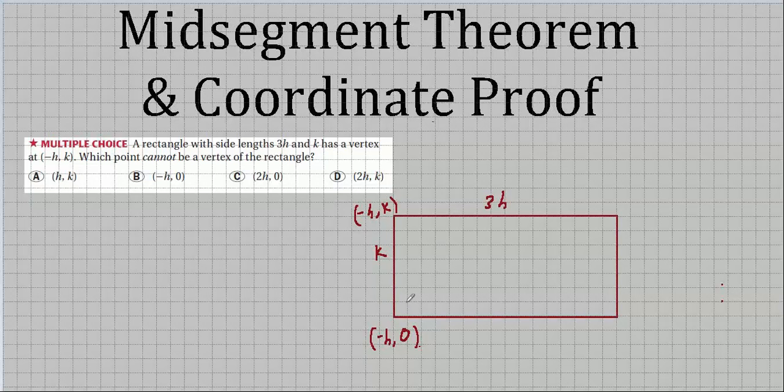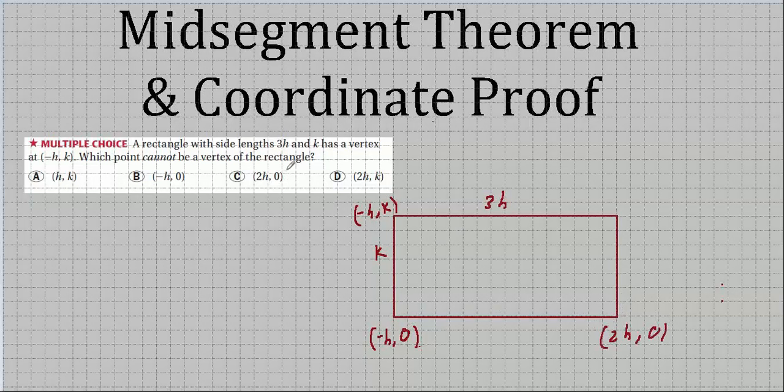Now this point over here would be minus h plus 3h. Right? It's got a length of 3h, and we're over here at minus h, so we go this way 3 h's, whatever they are, and we'll end up at the point 2h for an x-coordinate, and 0 is still our y-coordinate, and that's up here too.